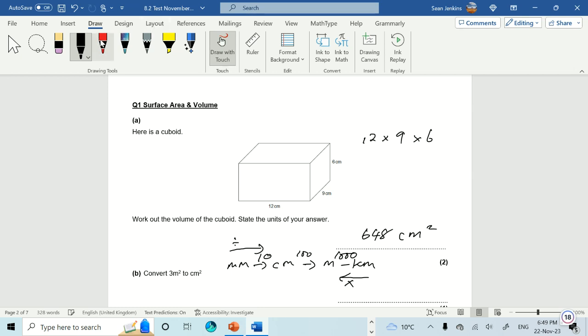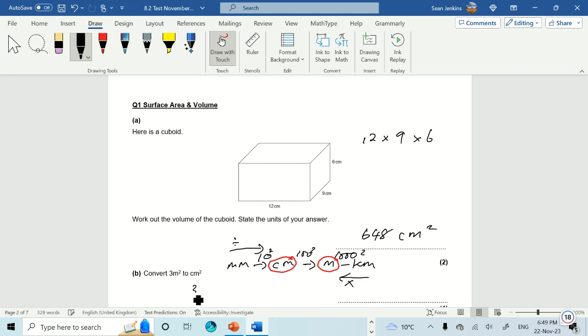Now, change color here because it says 3 square meters. So we're going from meters to centimeters. And what I need to do is to square all of my measures. So that's 10 squared, 100 squared, and 1000 squared.